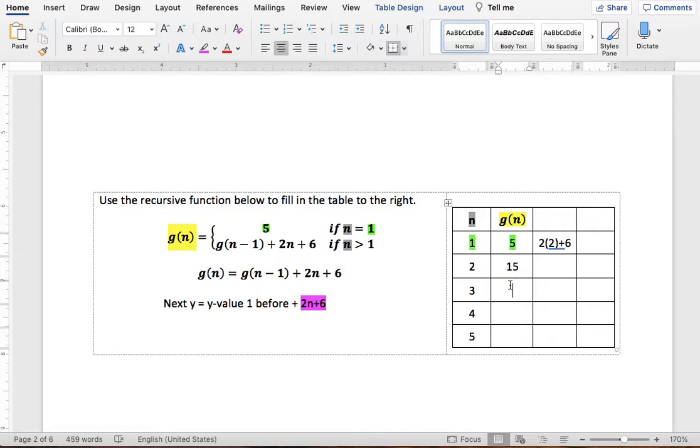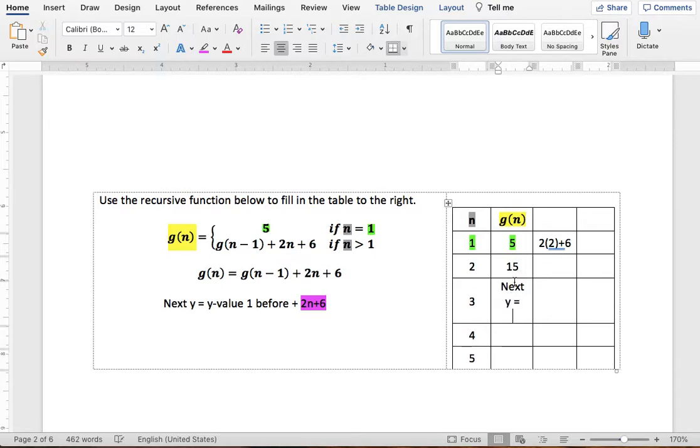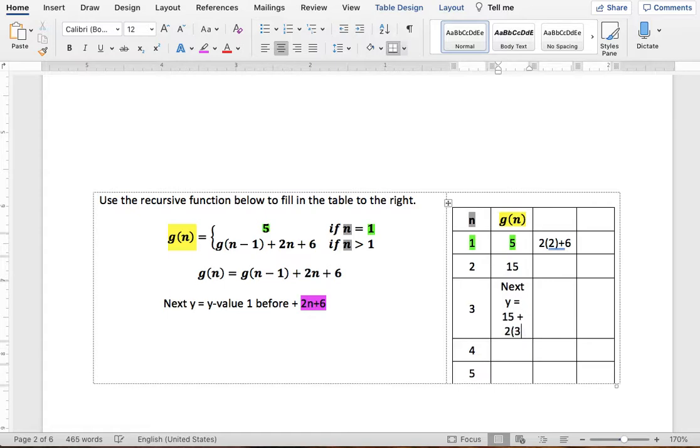Next y value, our next y equal to our previous y, our y value 1 beforehand is 15 now, plus 2 times n plus 6. And our n here is 3, so plus 2 times 3 plus 6.